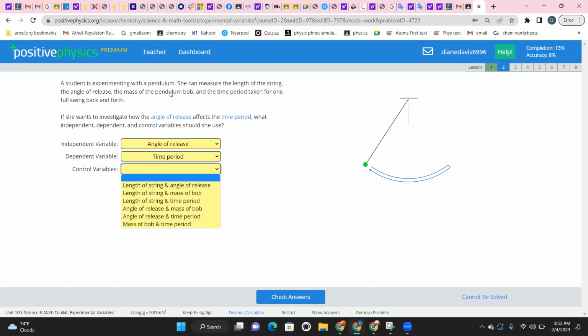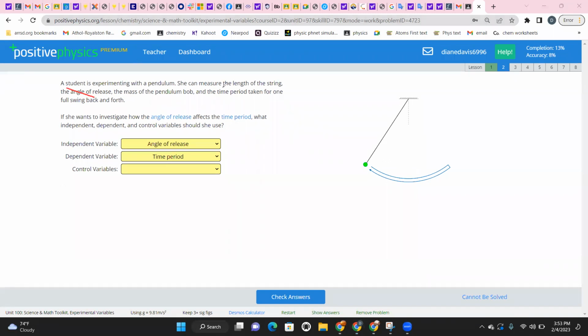And then the variables that she controls and doesn't change. So it says she can measure the angle of release she's changing and the time period she is evaluating. Those are the independent and dependent variables.